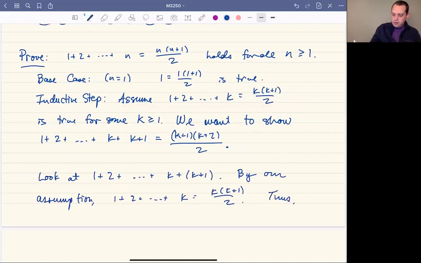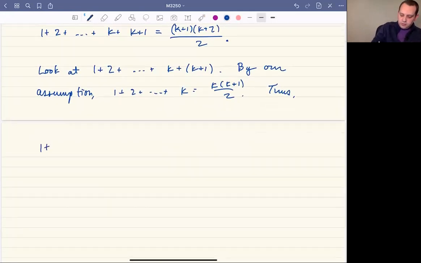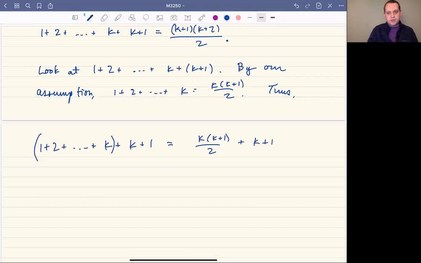And therefore, if I look at the sum that we're considering, 1 plus 2 all the way out to k plus 1, we can group off the sum of the first k terms, and the first k terms add up to k times k plus 1 over 2. And then our last term, k plus 1, we're just keeping there. So I'm replacing the thing in parentheses with k times k plus 1 over 2.